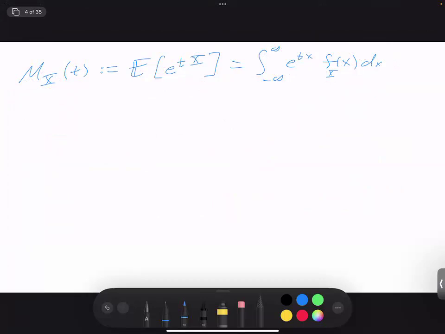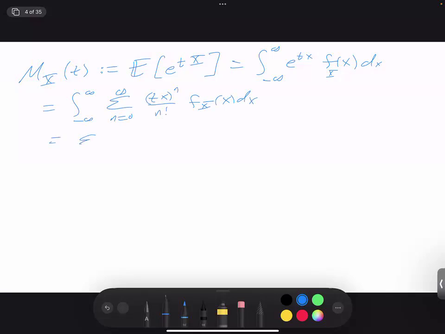What is a power series? This is the same as the integral from minus infinity to infinity of the sum, n goes from 0 to infinity, of tx to the n over n factorial times the density.